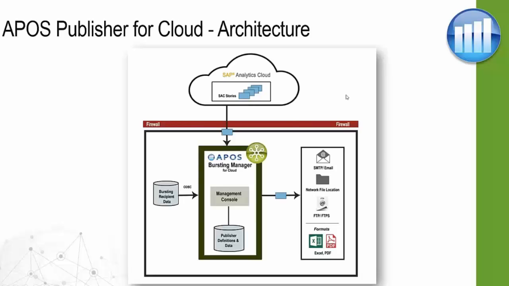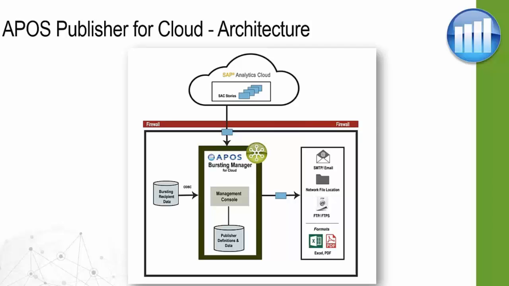Yeah, absolutely. So I'll talk a bit about the architecture first of all. Publisher for Cloud is a solution that gets installed on-premise on a server. And you can see here on the left-hand side, there's a database icon that represents the bursting recipient data. This is something that Chris James from Precision Drilling was talking about earlier on. So this data can be used to drive the bursting definition.